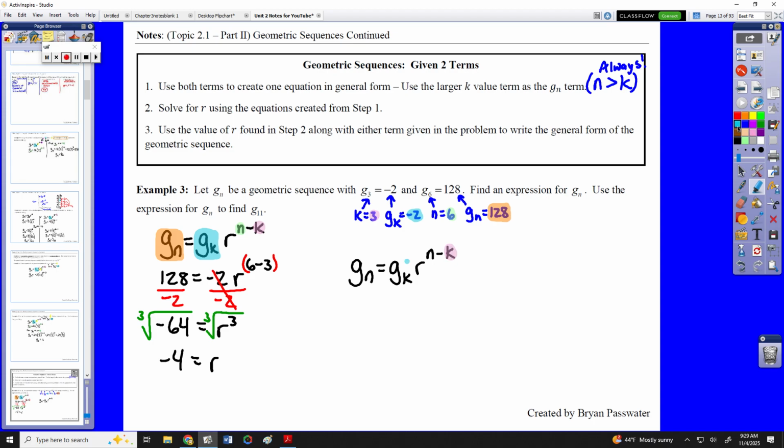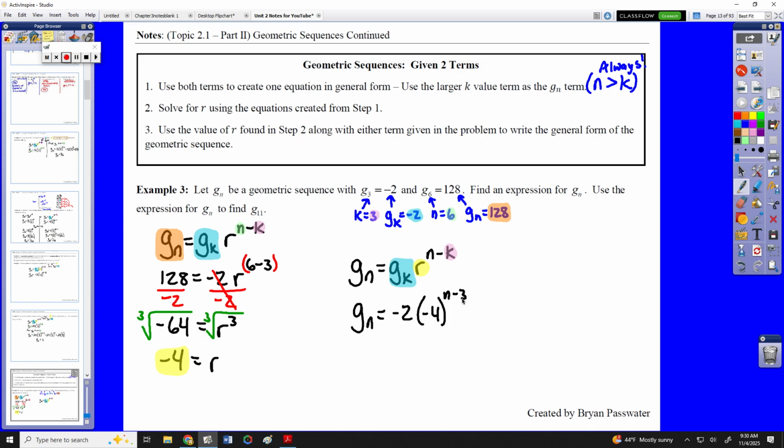We could technically insert the other term as well, but we've already got those two numbers labeled as k and g of k, so let's just use them. And then the common ratio is negative 4, so that gets inputted for the r value.